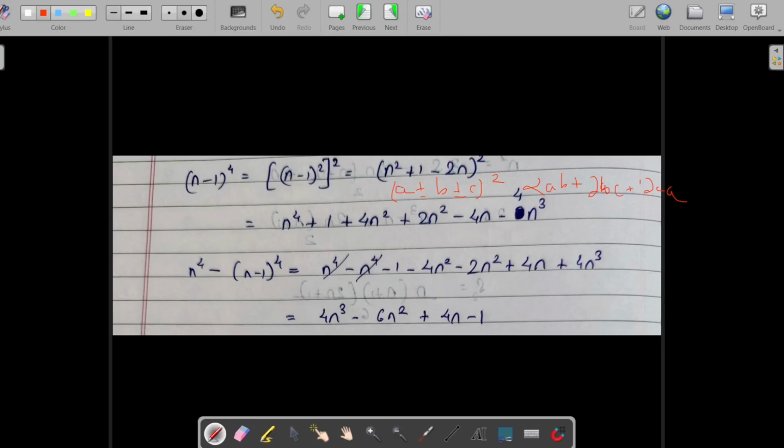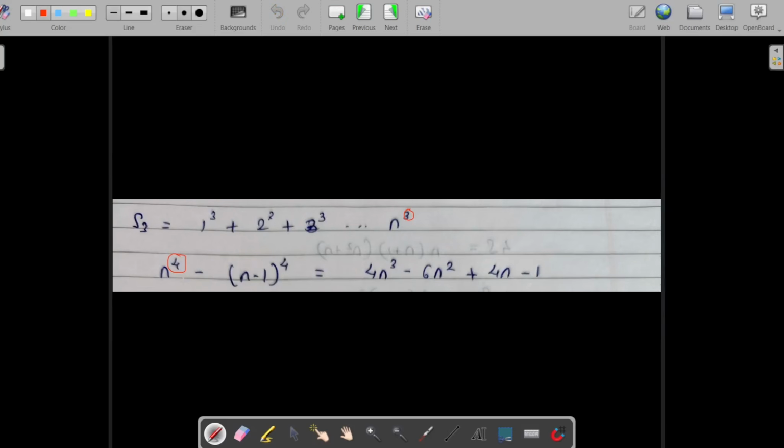So here, because this is plus, this is minus. Okay, so 2n square plus plus plus, 4n plus minus minus, 2n cube plus minus minus. So in this way, you can easily expand n minus 1 raised to the power 4. So finally, what we required was n to the power 4 minus n minus 1 raised to the power 4.